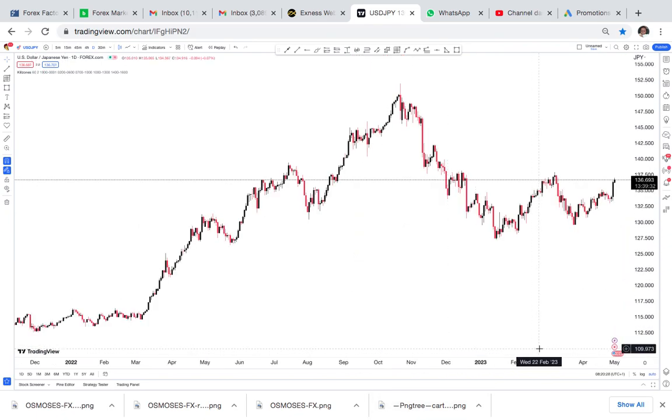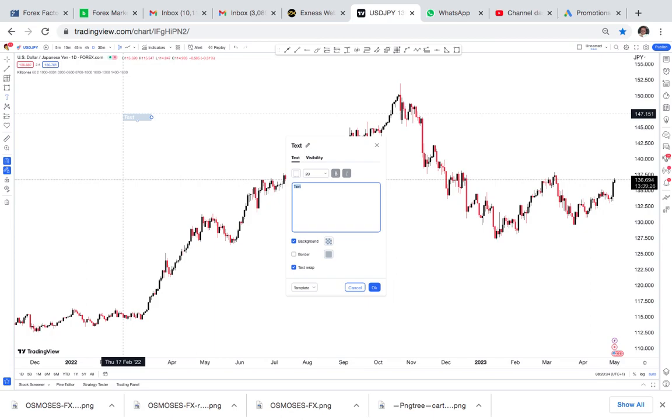So let's start with what we're starting with. Let me write them down. We're starting with Choch, change of character. BMS, break of market structure.